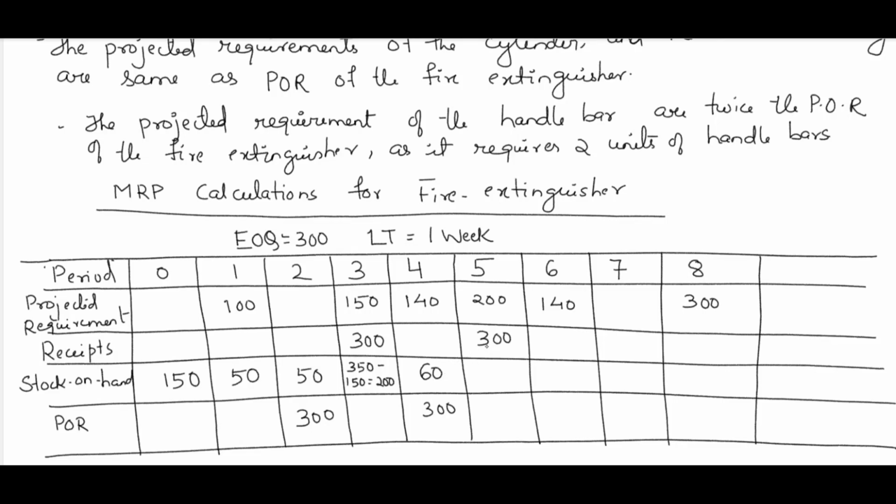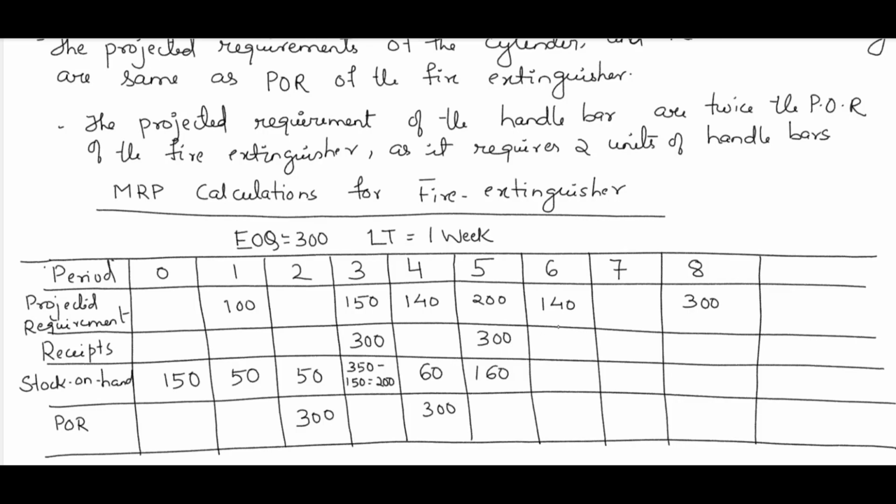Now total 360 items we are having, but demand is only 200. So 360 minus 200 is 160. Now, with 160, the sixth week demand is 140.